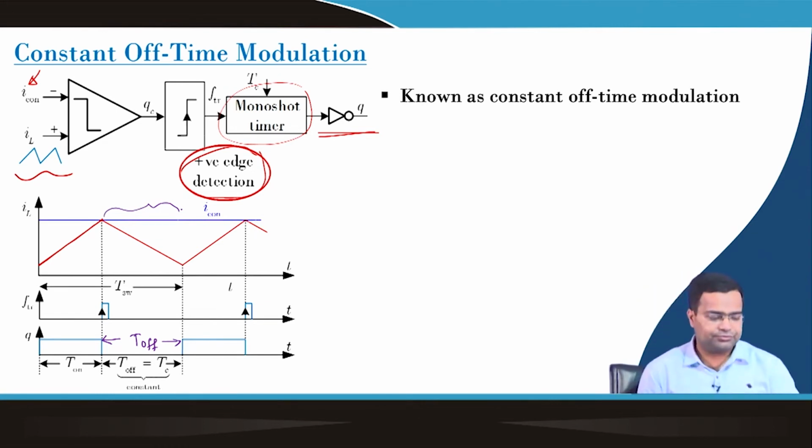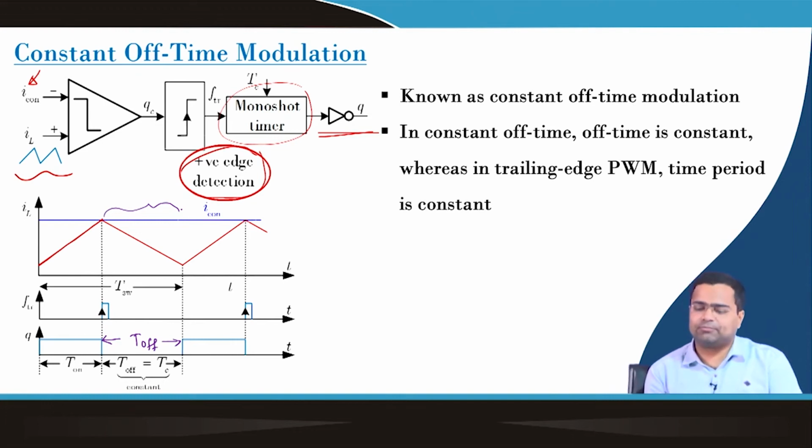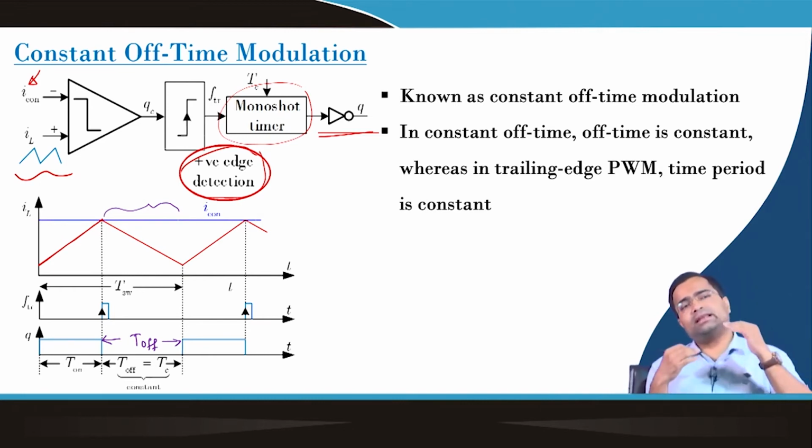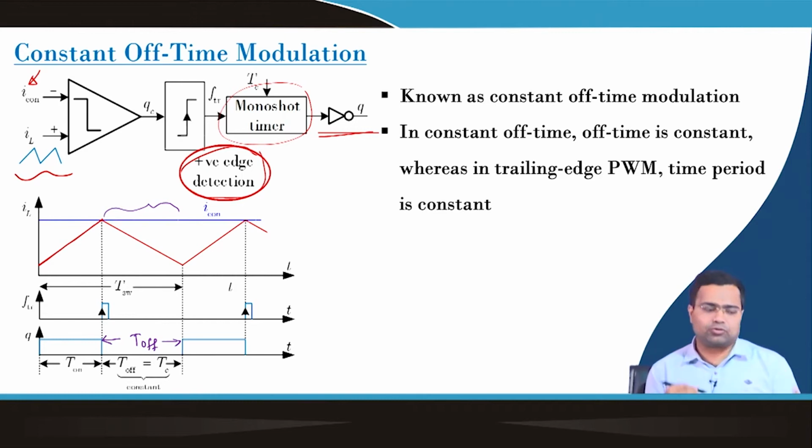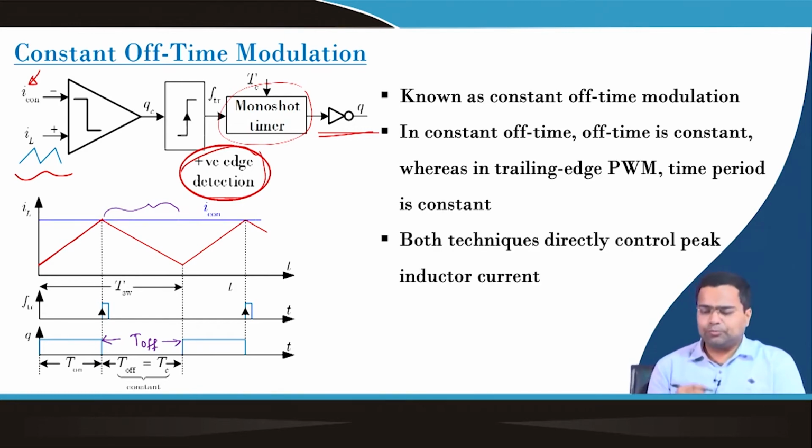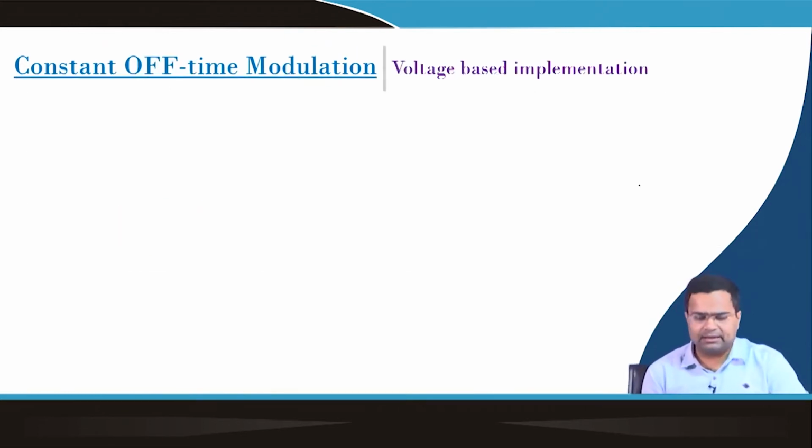The monoshot timer interval is activated, the switch again turns on, and the process continues. So, the off time is constant, whereas in trailing edge PWM the time period is constant; here the time period is variable, but it uses a similar analogy of peak current mode control. Both techniques directly control the peak current.